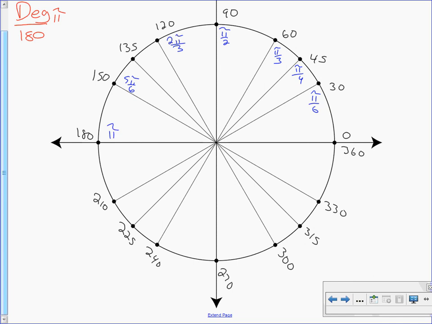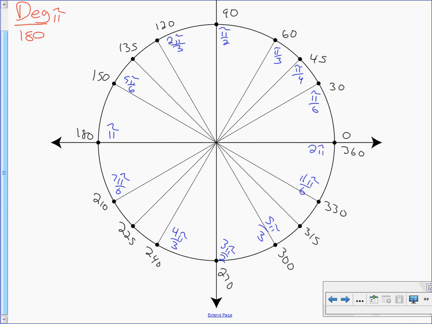Here you have pi. Here you would have 7 pi over 6. At 240, it was 8 pi over 6, so that's 4 pi over 3. Here was 3 pi over 2. Here was 9 pi over 6, so 5 pi over 3. And then here was 11 pi over 6.